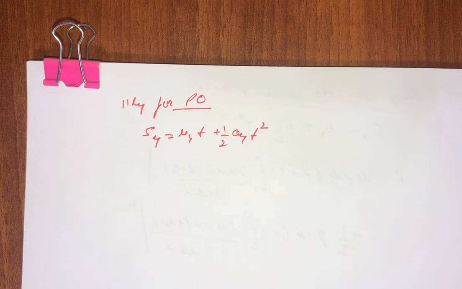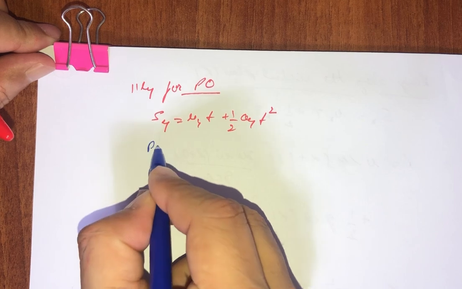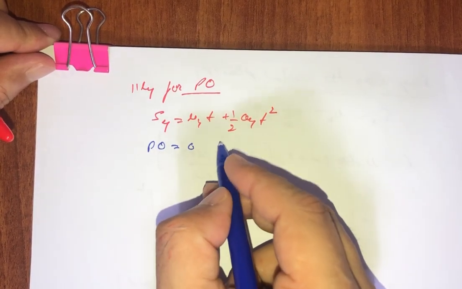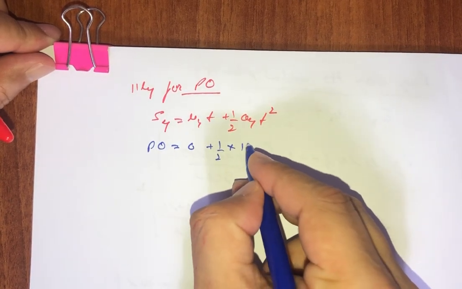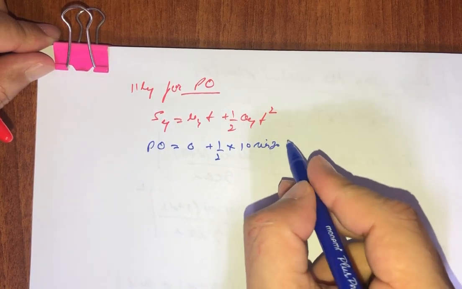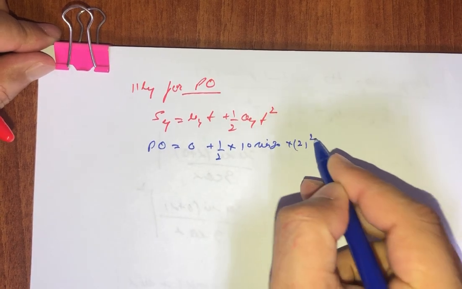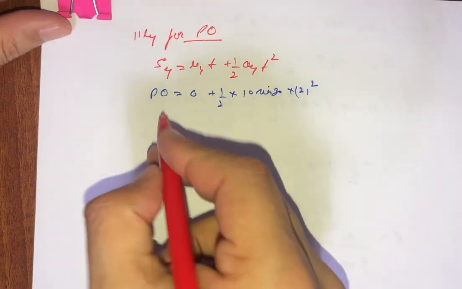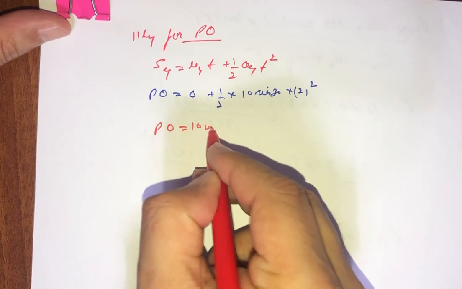So S of y is nothing but our PO, and U of y is 0. This is equal to plus half A of y is 10 sine 30, because now the angle is going to change, and that is into t square, that is time taken squared. So if we solve this, we are going to get PO is equal to 10 meters.